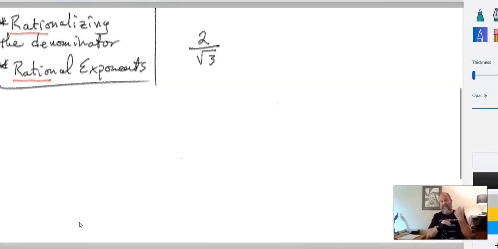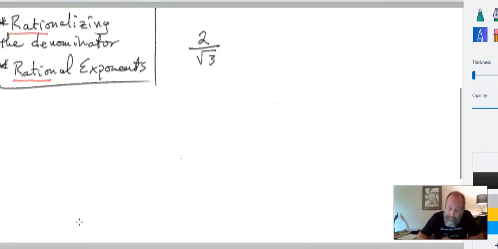Now, there's a very practical reason for it, although with the advent of calculators, it's not quite as important as it used to be. Something like the square root of 3 has an infinite decimal. And if you're doing this division longhand, it's very difficult to have an infinite decimal divisor. So what we do instead is change the denominator so that it's a whole number, because that's a lot easier to divide into something else.